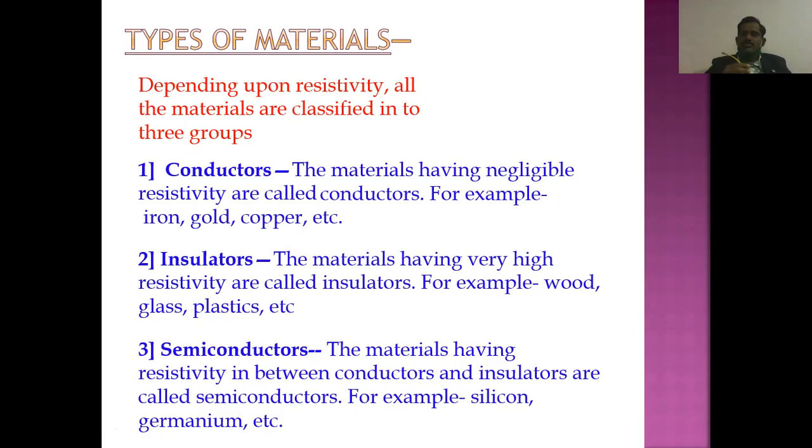Electrons do not flow through plastic. So when we pass current through the wire and touch the plastic, we do not get a shock because the current does not go through the plastic. So glass, plastic, and wood are insulators. And a semiconductor is an intermediate state between conductor and insulator.